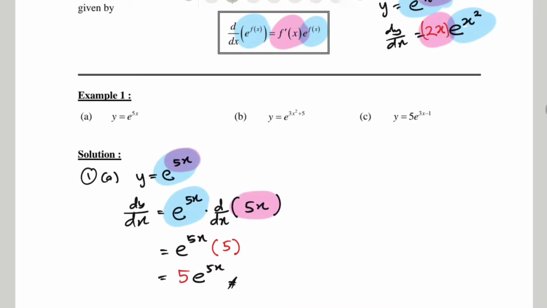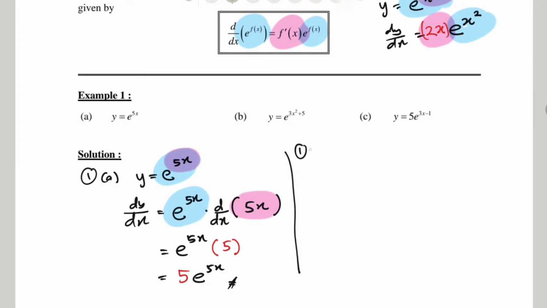Well, if you have done enough exercises and you are getting better and faster at solving this type of questions, then you can straight away write 5e to the power 5x for the answer of this derivative. But right now, I'm showing you the steps on how to do it step by step.